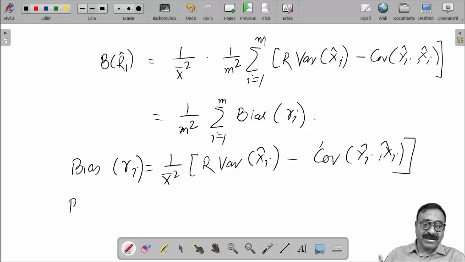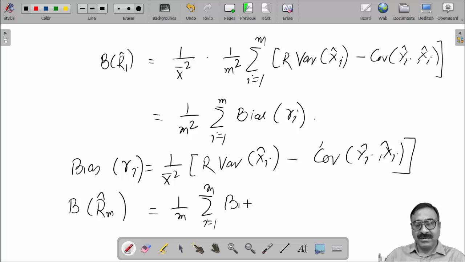Now bias in the second ratio estimator Rm bar equal to 1 by m summation i equal to 1 to m bias in Ri. Now we have seen that bias in Rm bar is m times bias of R1.